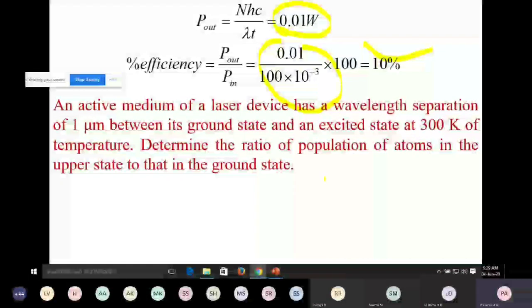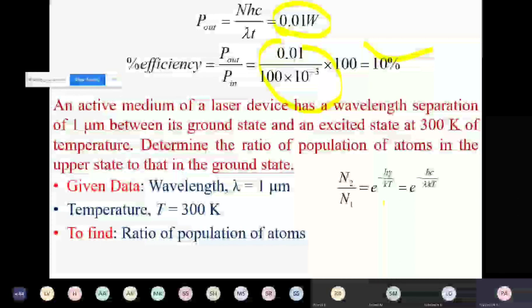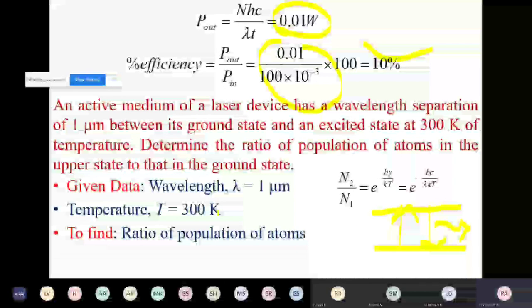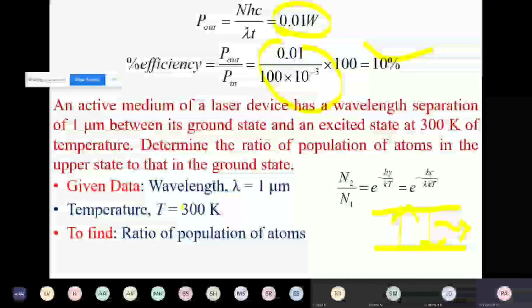That means when we supply energy, the electrons will go from lower energy level to higher energy level. While returning to ground state, they emit a radiation of certain wavelength that is given. 1 micrometer is given. So wavelength is known, and the temperature at which the radiation is emitted is also given. You just have to calculate the ratio of population.